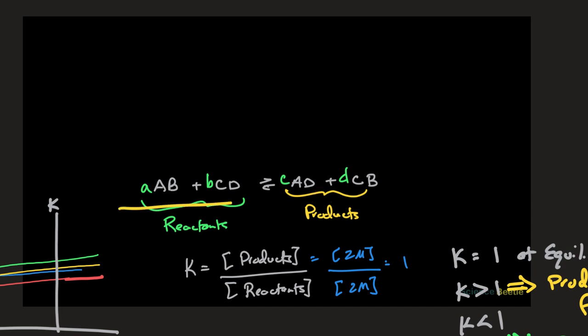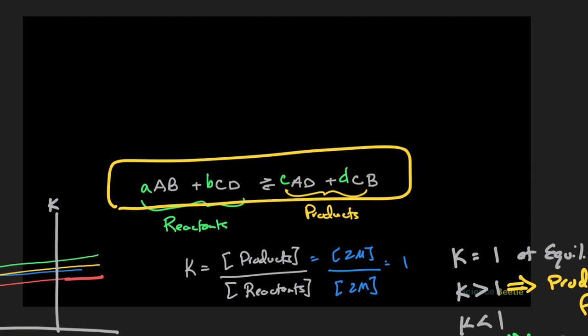For this reaction that I'm going to box in yellow, the K expression is going to be written as follows. It's going to be equal to the product concentration. But notice here we've got two separate compounds.